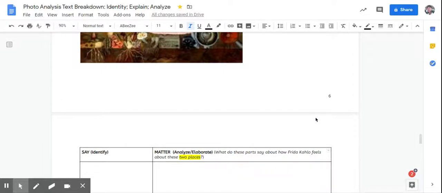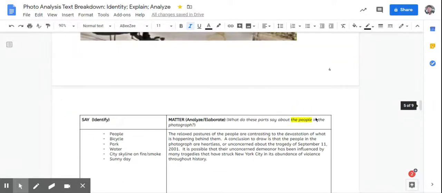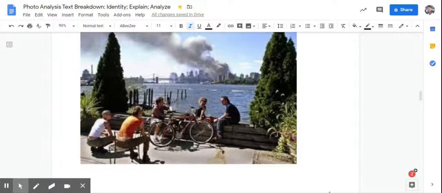Okay. But again, it's similar to what you have up here. We are not just focusing on what happened in New York City, but on the people there that appear to be heartless, unconcerned, maybe desensitized to what is happening.